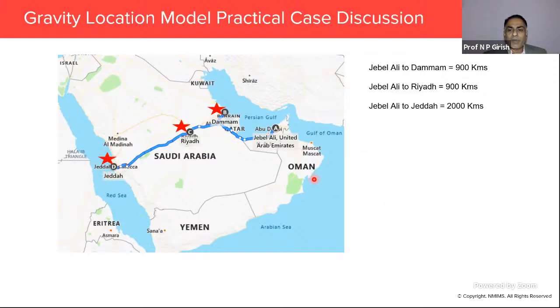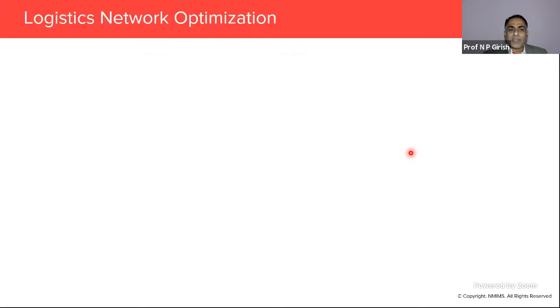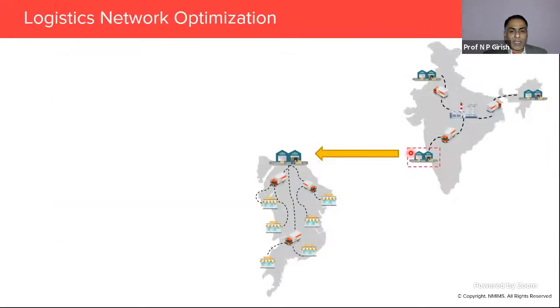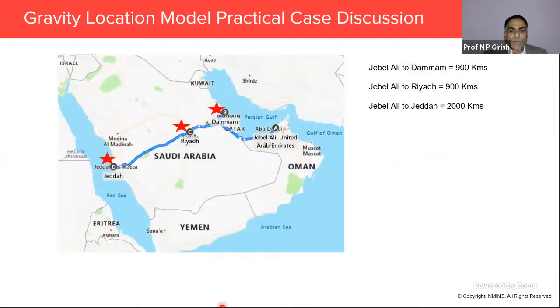It takes longer, right? The question is, where will you set up the DC: in Dammam, Riyadh, or Jeddah? What all information do you need?